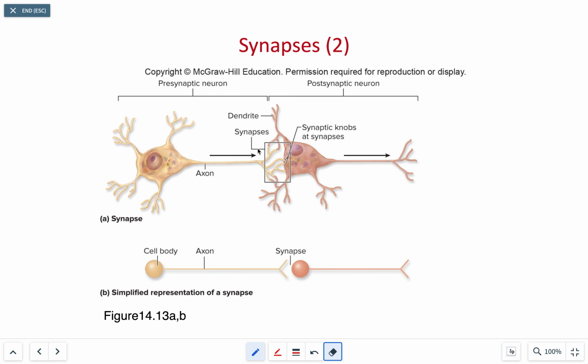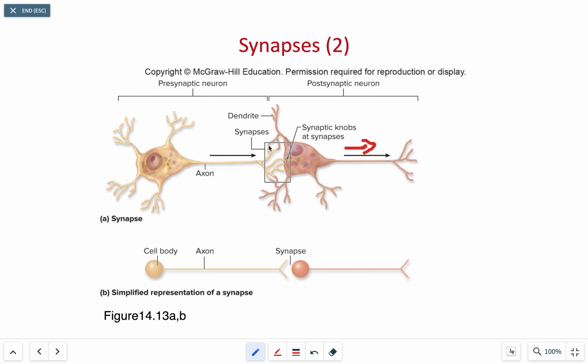This synapse is also going to include the synaptic knob and the small separation between the synaptic knobs of the presynaptic and postsynaptic neurons, and that's called a synaptic cleft. In the postsynaptic neuron, what we see is that it's going to conduct the nerve impulse, as this arrow shows, through the dendrites.